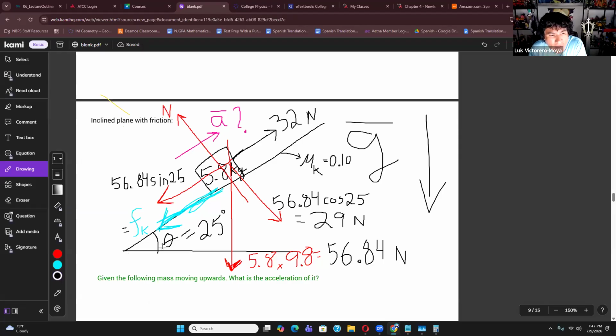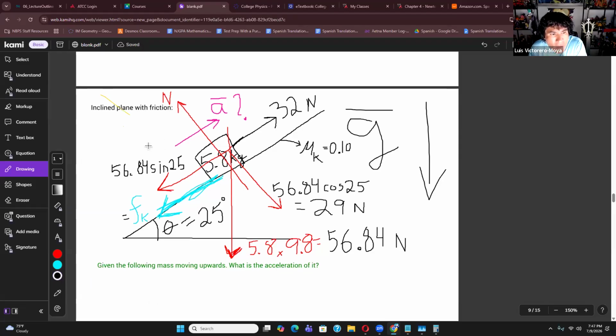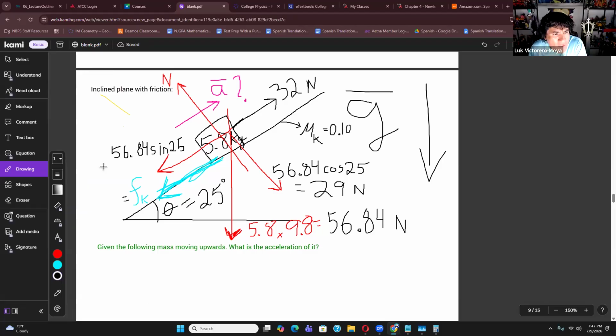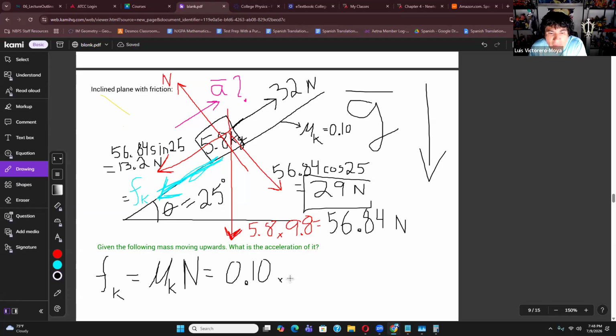It's also going downwards. Well, this is 13.2. So that's mg sine, in newtons. The friction is mu k times normal. What's the normal equal to? This is the normal, 29.